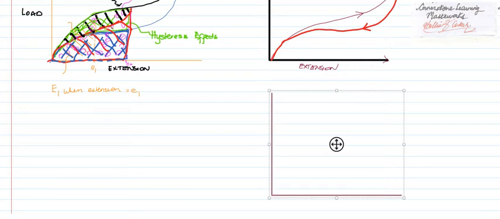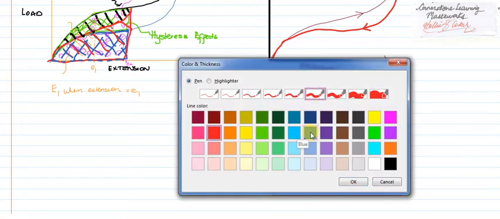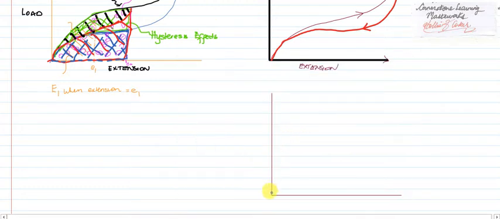So look at the loading curve. I change the loading curve to blue. Alright, so I do the loading curve like that. And I will ignore that curve, that's why I draw it very faint. I ignore this curve, even though I know it's there.